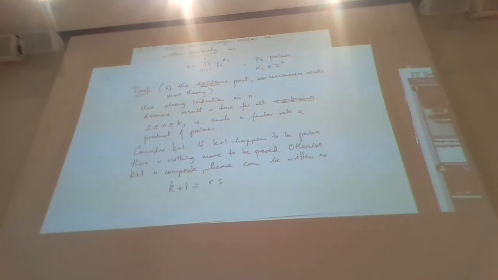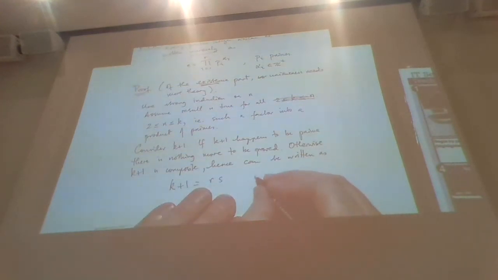It's a product of two integers where r and s are both between 2 and k, because we're saying k plus 1 is composite. If k plus 1 is composite, by definition it's not prime, so by definition it has a non-trivial factorization. A genuine way of factoring k plus 1 into a product of two smaller integers.